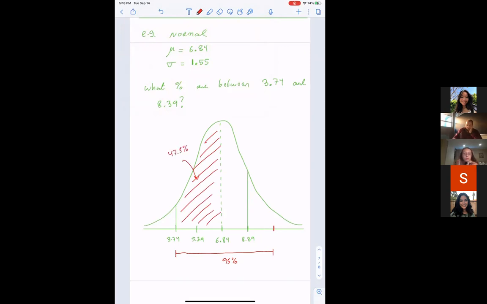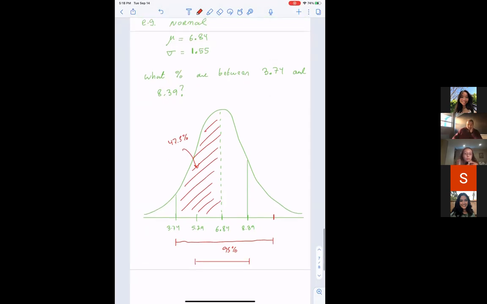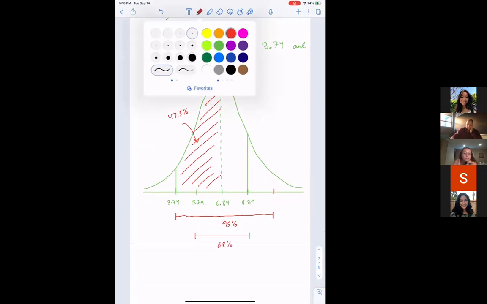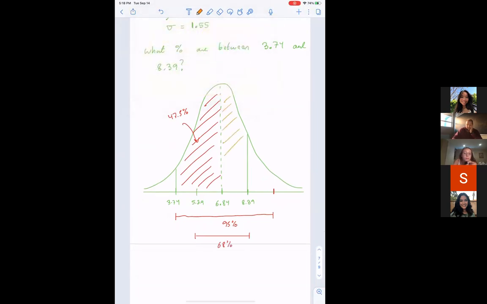Now, if I were to go 1 deviation in both directions from the mean, what percent is that? That's 68%, which means if I were to take half of that, what would that be? 34%. Well, I just shaded everything I needed. I have this 47.5 and this 34.